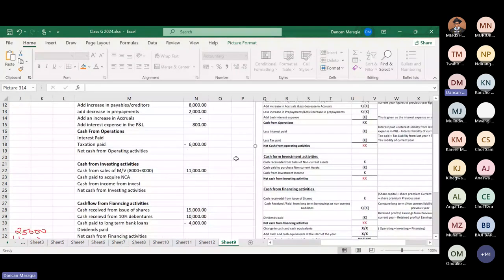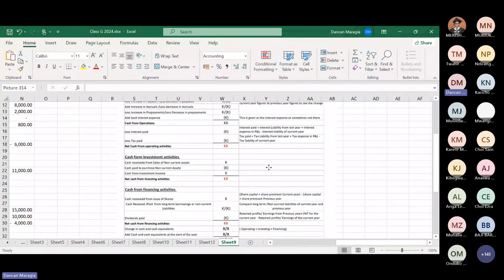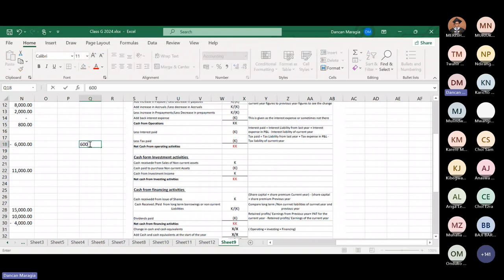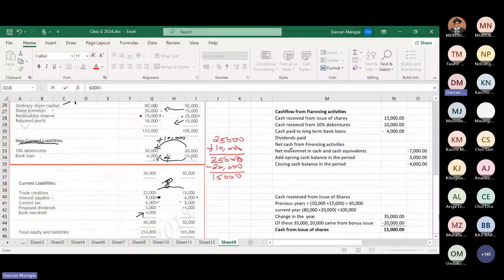Tax paid is 6,000. We go to current liabilities and get tax payable from the previous year. It was 5,000, correct? Yes. Then in the current year is 6.